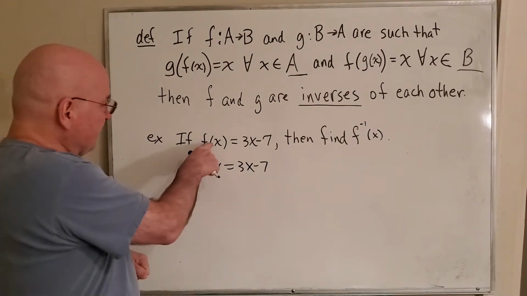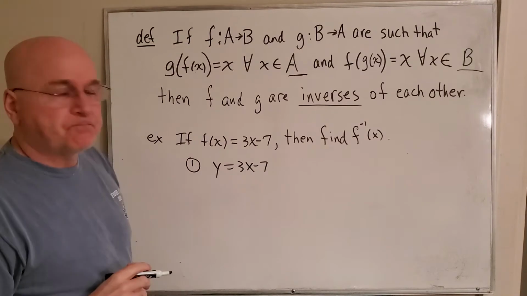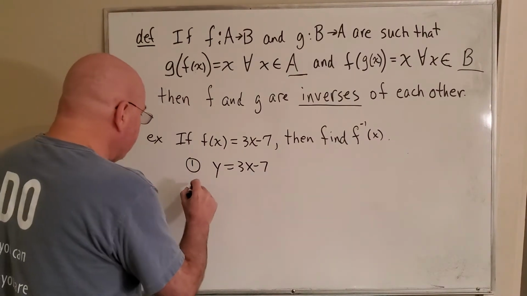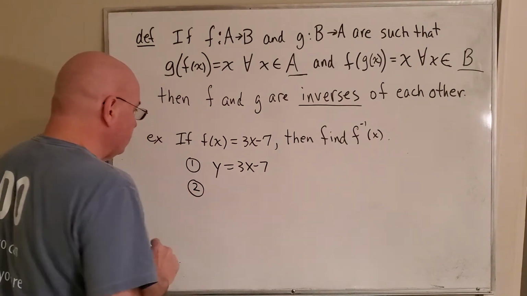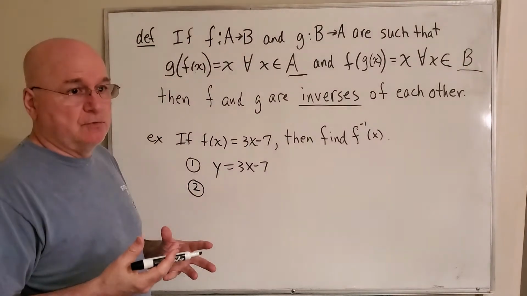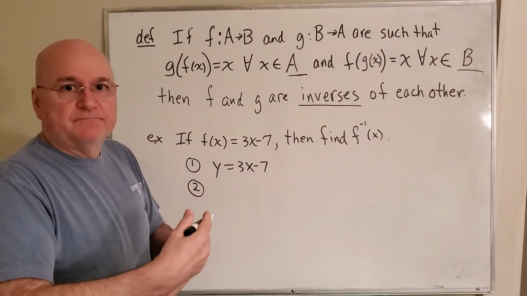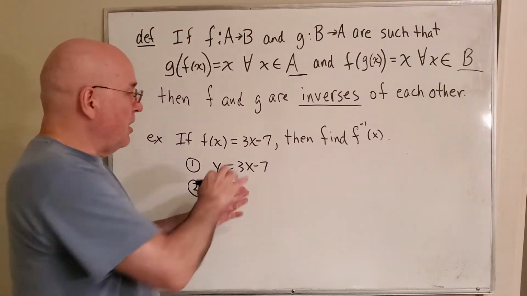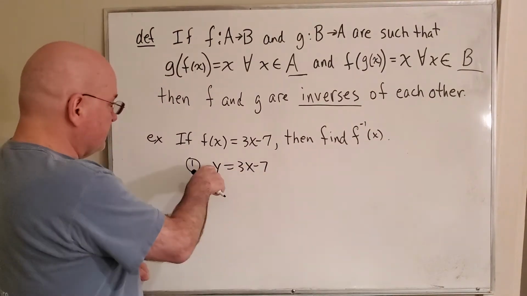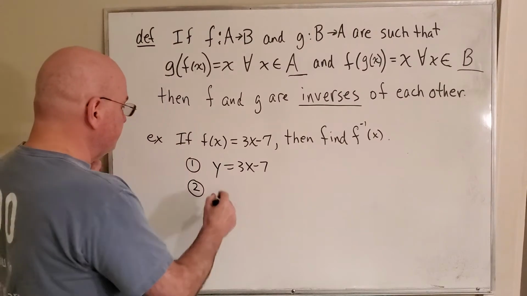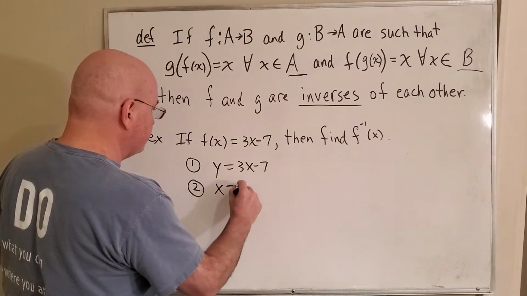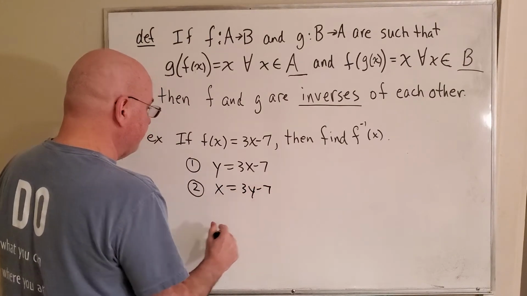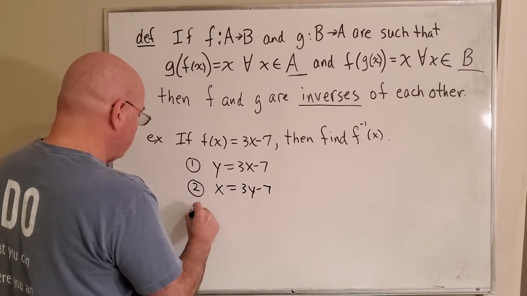Step 1 is just replace f of x with the letter y. And then step 2, the recipe would be to interchange x and y. If there's more than one x over here, you change all of the x's into y's, and you change this one y into an x. So x equals 3y minus 7.